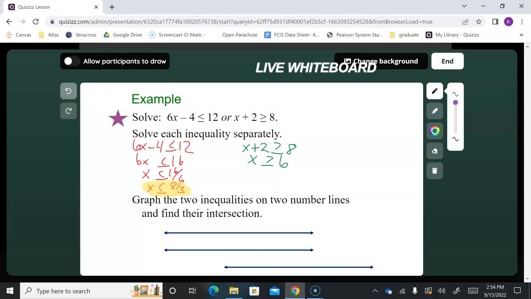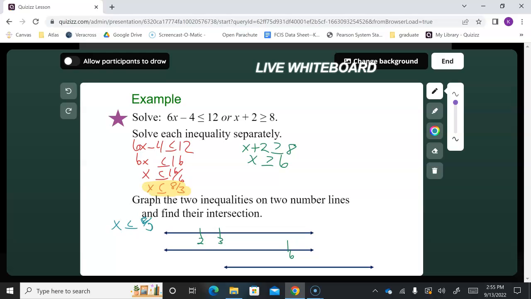I'm going to graph 6. Okay, 2.6, 2.7, between 2 and 3, right? So there's 2, there's 3. All right. So for x is less than or equal to 8/3.